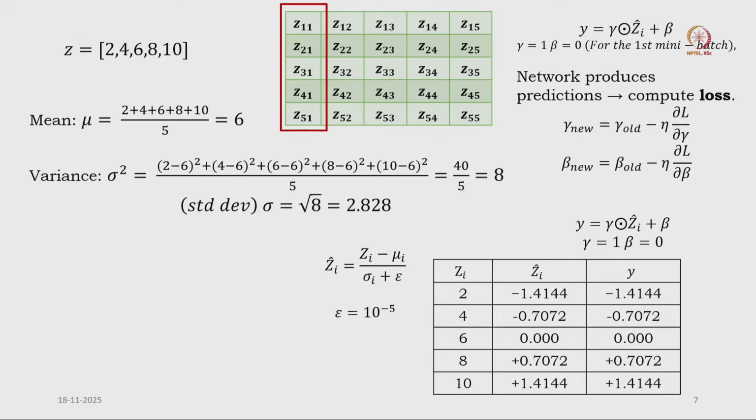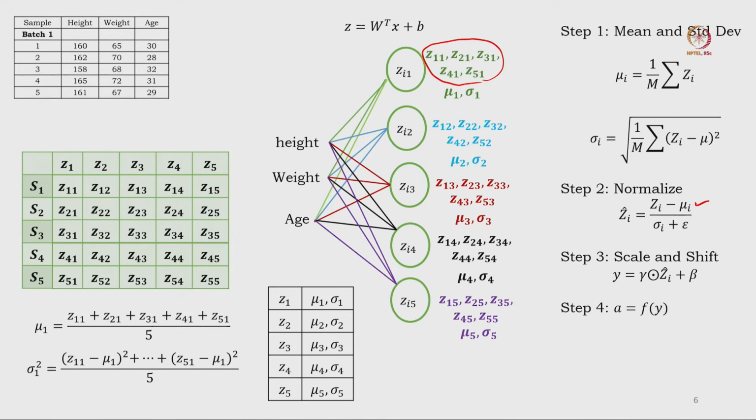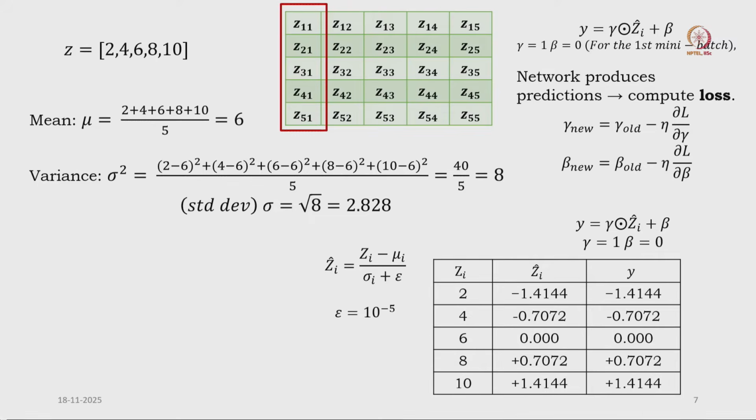Now, let us assume whatever values we have here, there are 5 values here, and let those 5 values be 2, 4, 6, 8, 10, just for understanding the remaining steps.